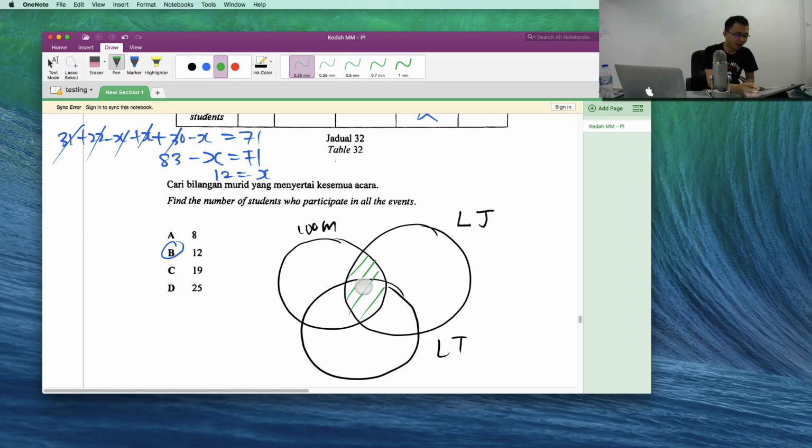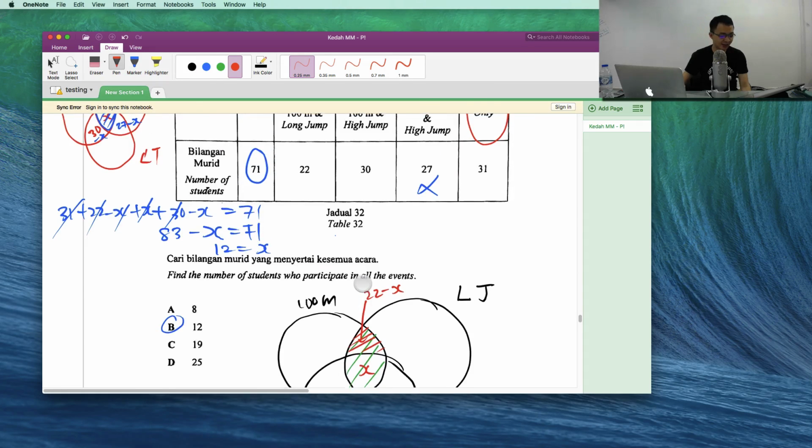But among the whole area, let's say I have x people who participate in all 3 events. So the 22 is for the whole green color one, isn't it? So I want to know about the part here. If the bottom here is the x value, the part here is 22 minus x, because if I add x, the whole thing becomes 22. This is the reason why we need to minus x.